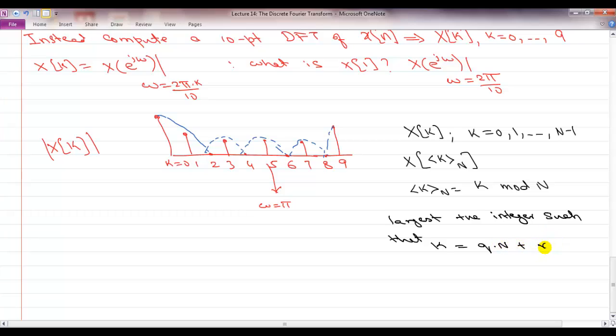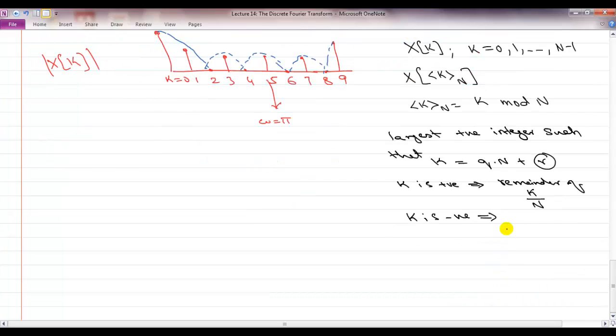Okay, so this is your k mod n. So effectively, if k is positive, then you simply look at the remainder of k over n. And if k is negative, then you look at n minus the remainder of k over n.